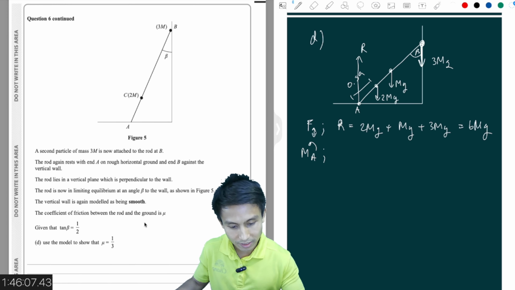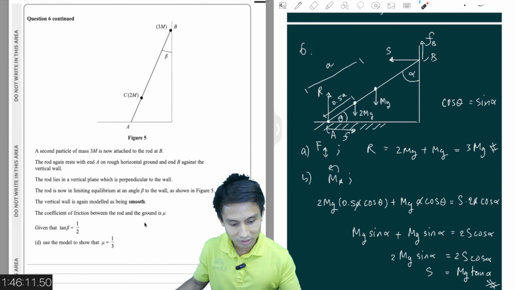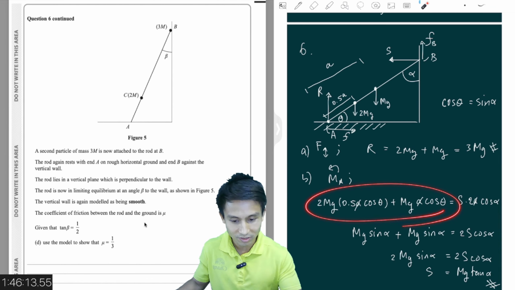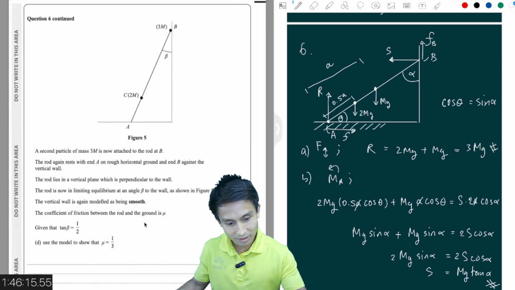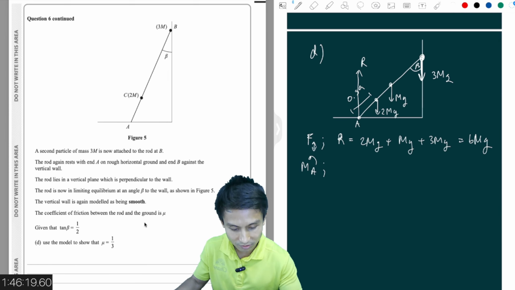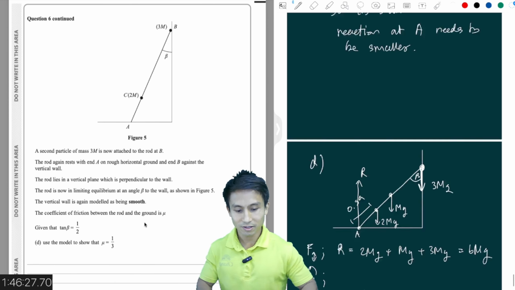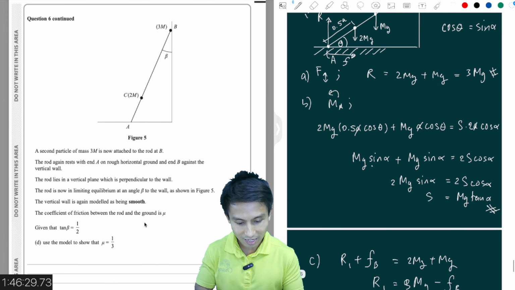It's just the same thing here, guys. There is just an extra clockwise moment on the left side, and the rod and everything is still the same length. So 2mg times 0.5a times sine beta instead, right? Because before we got sine alpha.